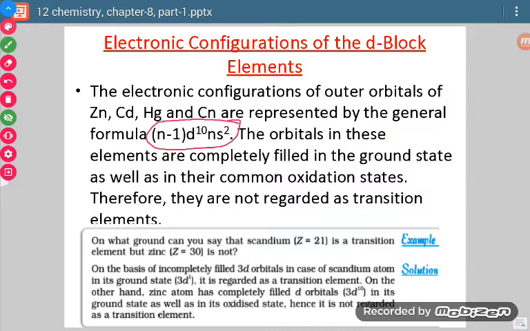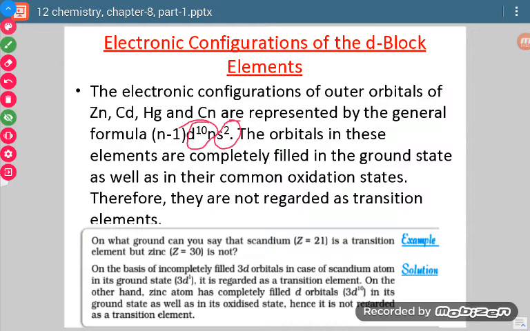Now when we talk about zinc, cadmium, mercury and copernicium, these elements belong to the 12th group, the last group of the D block, and in this group the valence shell electronic configuration is n-1d 10, ns 2. This means there are 10 electrons in the d orbital and 2 electrons in the s orbital, so all the orbitals are fully filled.